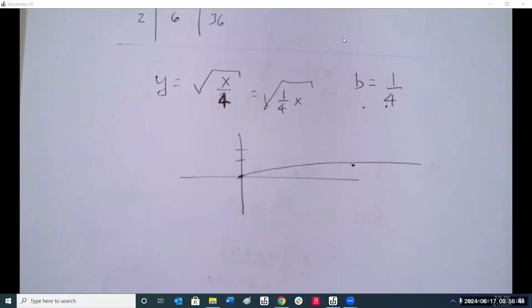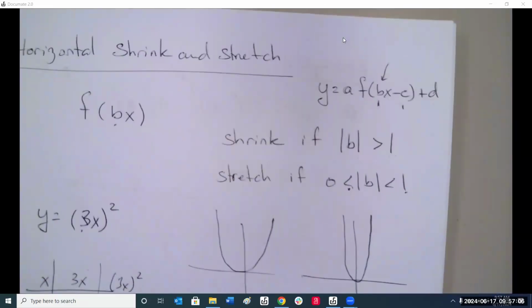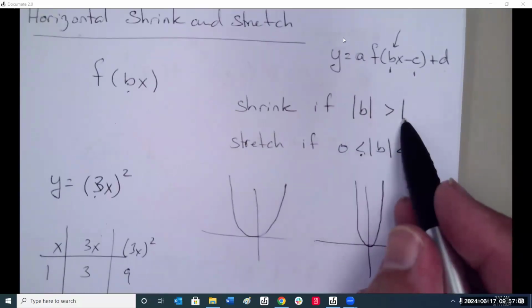So if it happens inside, if it's in front of the x, if it's an integer, what happens? It's a shrink. That means horizontally, it gets closer, if it's greater than 1.